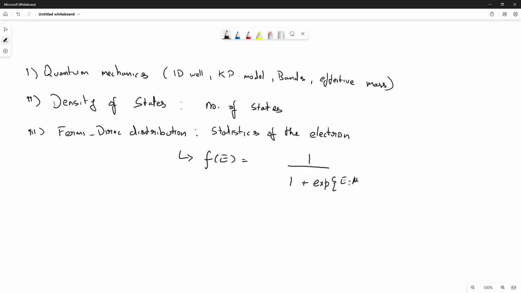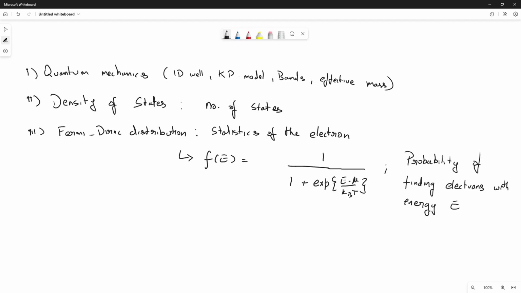So (E minus mu) by kBT. And this essentially tells me the probability of finding electrons with energy E. In fact, this is also a density function.